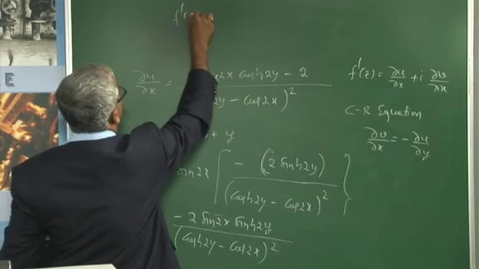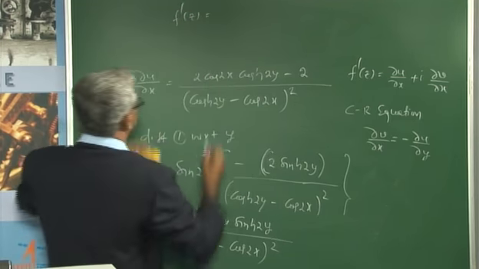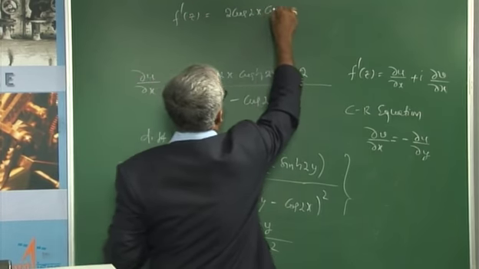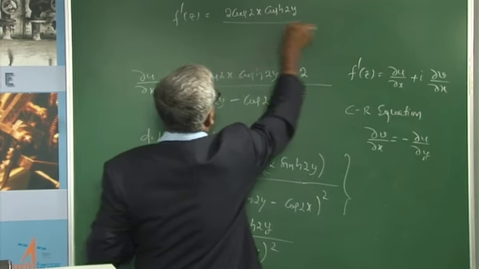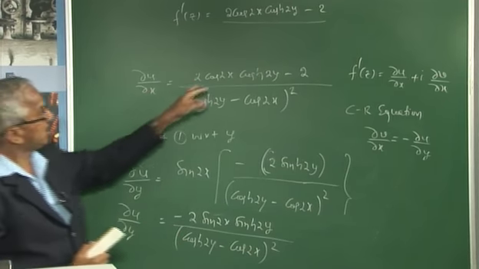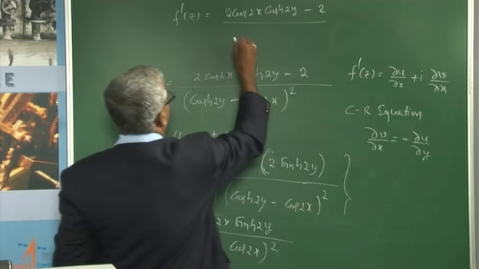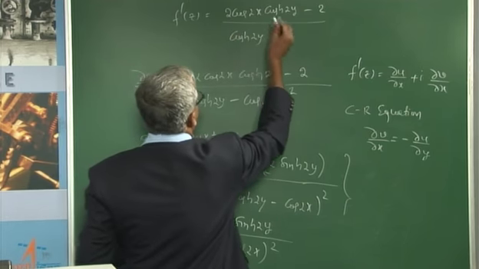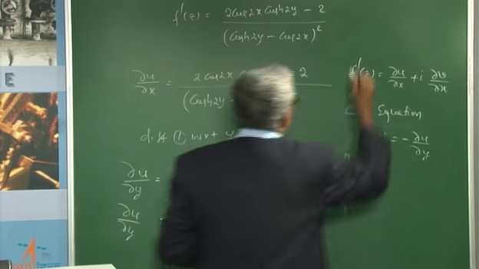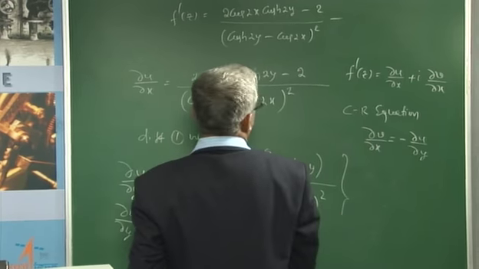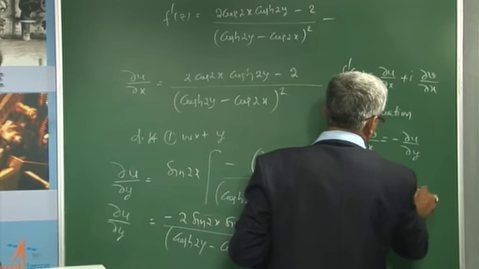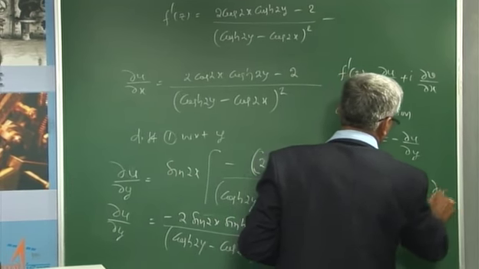That is, f dash z is equal to dou u by dou x, which is this one: 2 cos 2x cos hyperbolic 2y minus 2, divided by cos hyperbolic 2y minus cos 2x whole squared, minus i into dou u by dou y.